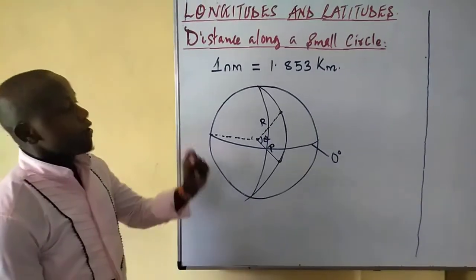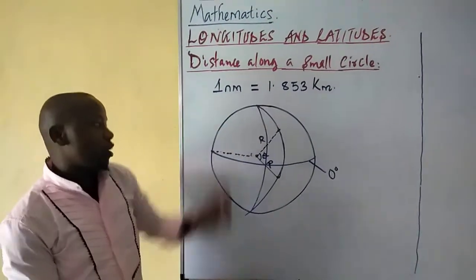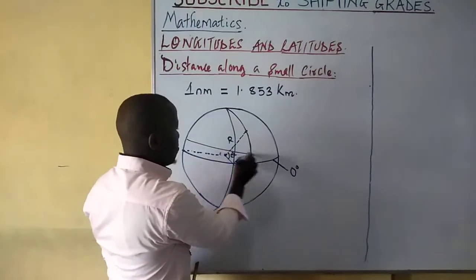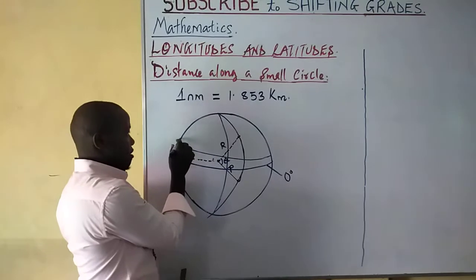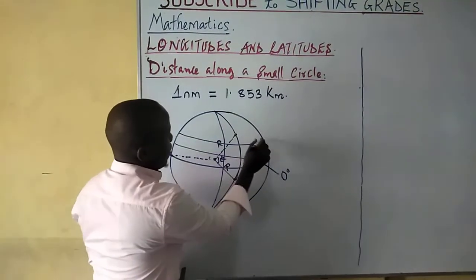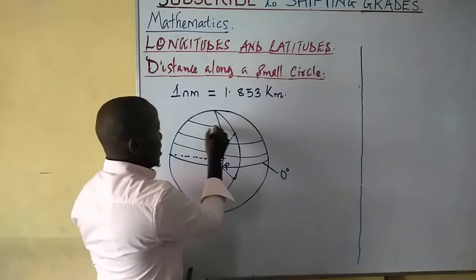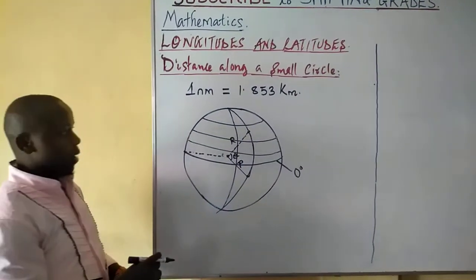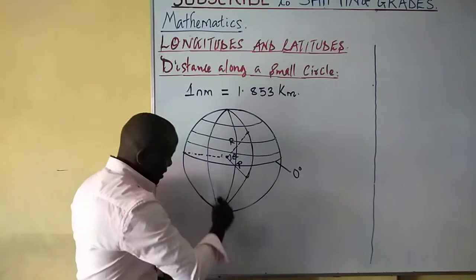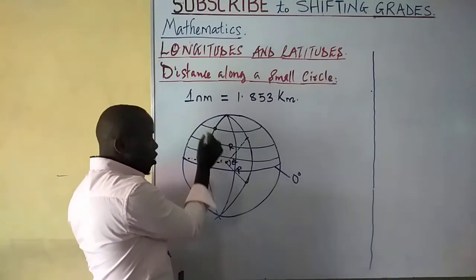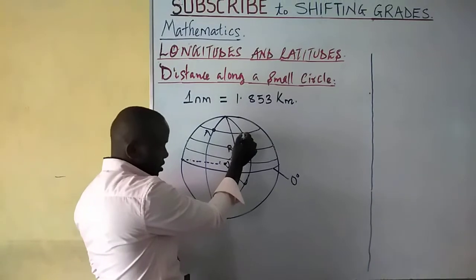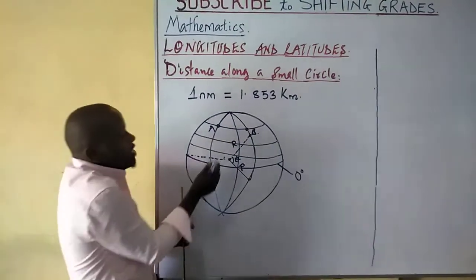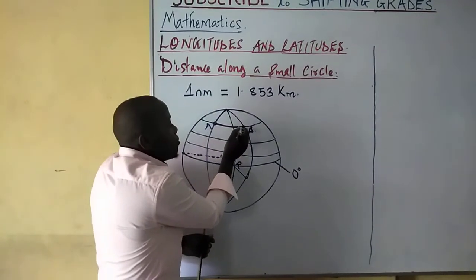Now, for the case of small circles, we know that they continue becoming smaller the more they move from the equator, either upwards or downwards. If you consider a small circle like this one, between A and B, these are two places along a small circle.